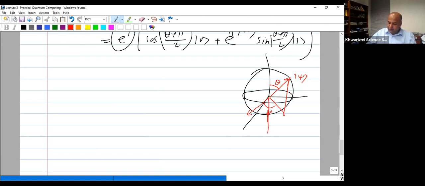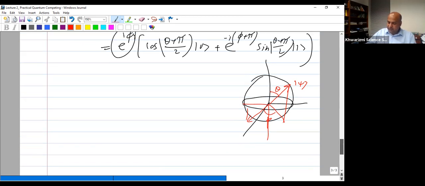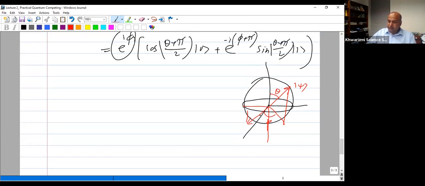Its projection now will be making angle phi plus pi on the other side.